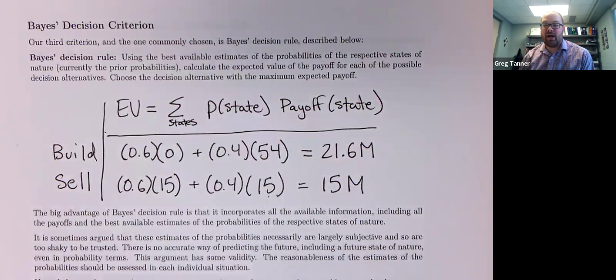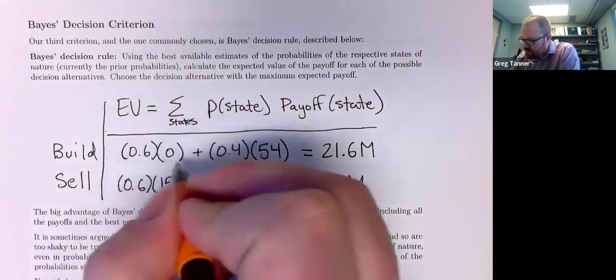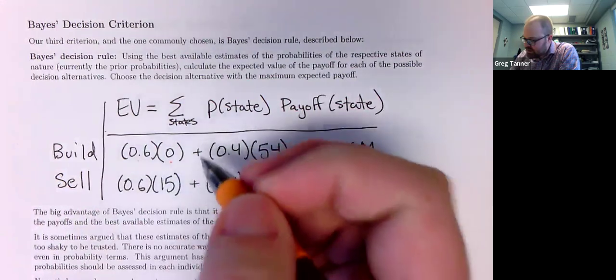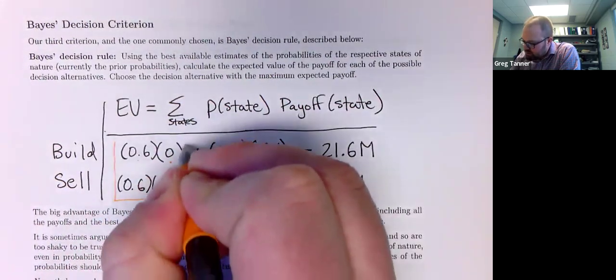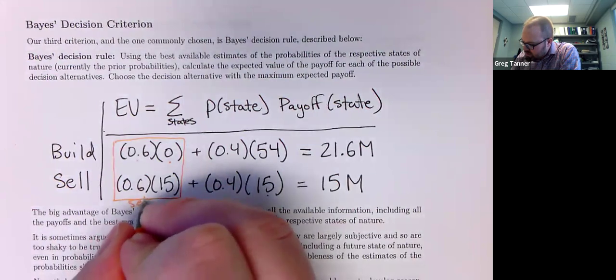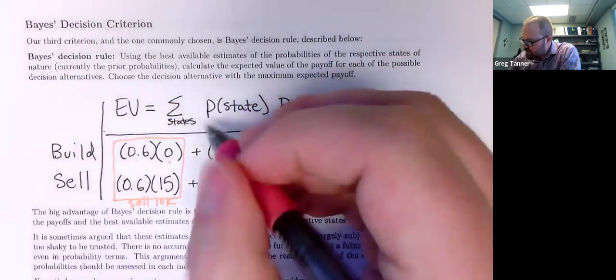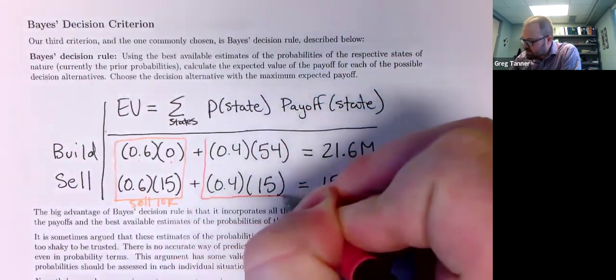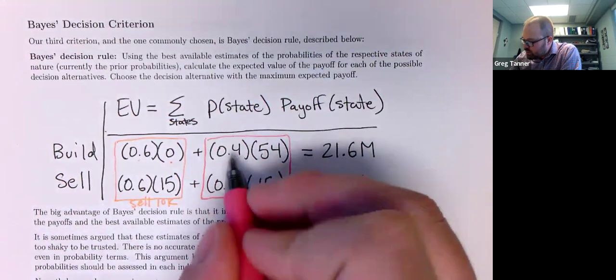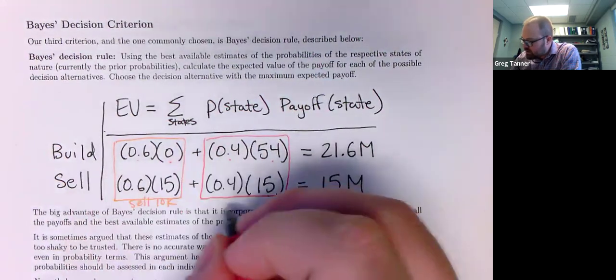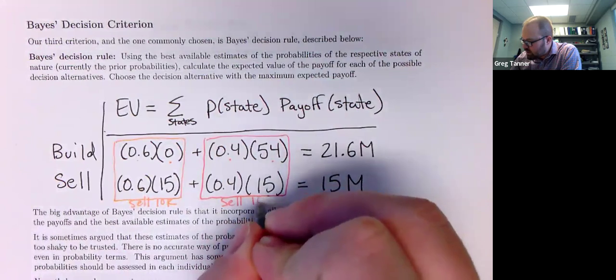You can think of this expected value as a weighted average, where it's weighted by those prior probabilities. I'll maybe emphasize something here: these first two numbers, this probability times this payoff and this probability times that payoff, represent the state of nature for sell 10,000. And then these two probabilities and payoffs represent the probability and the payoff in each of the alternatives if we were to sell 100,000.